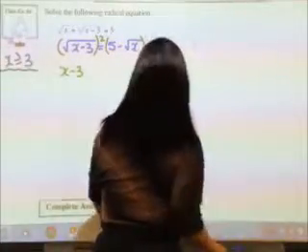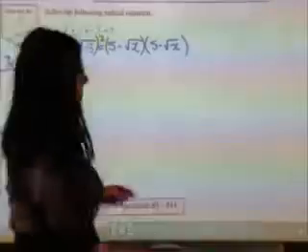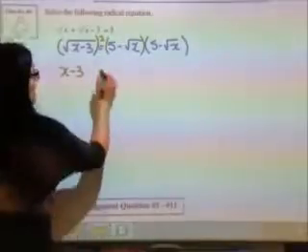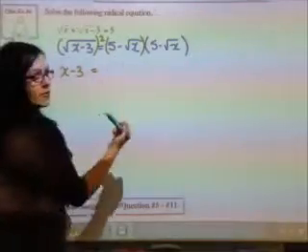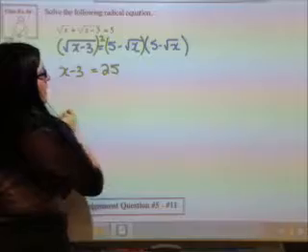When I go to square the other side, I might find it easier to rewrite. It might be easier to put 5 minus root x twice, so that when I go to expand this side and use the distributive property, I get 25.